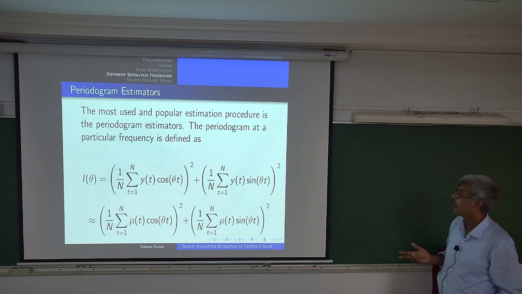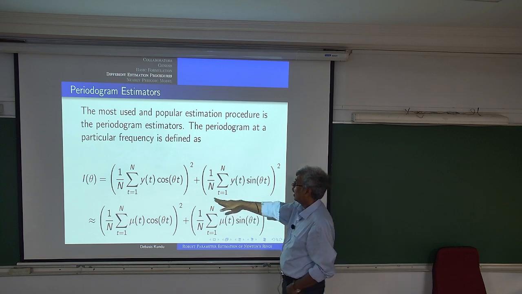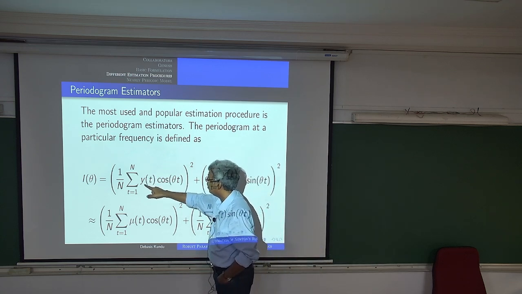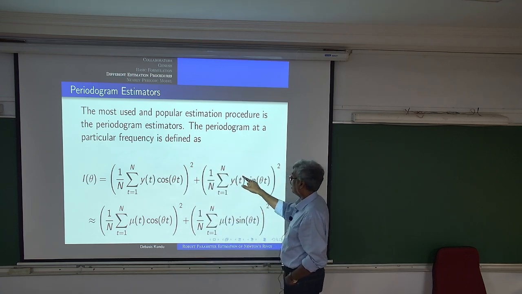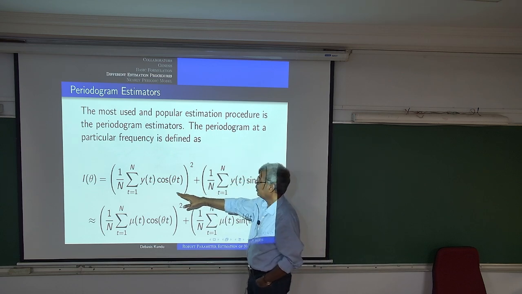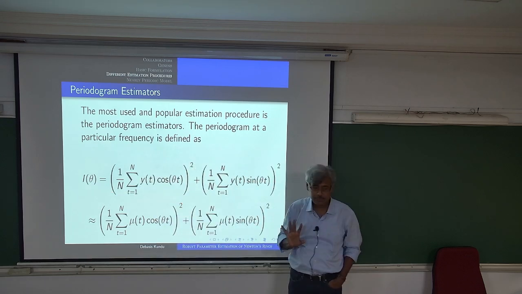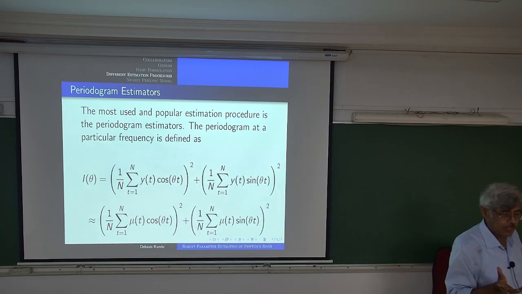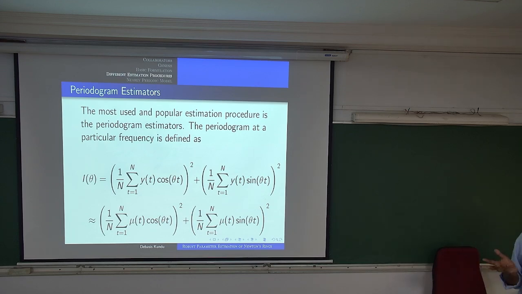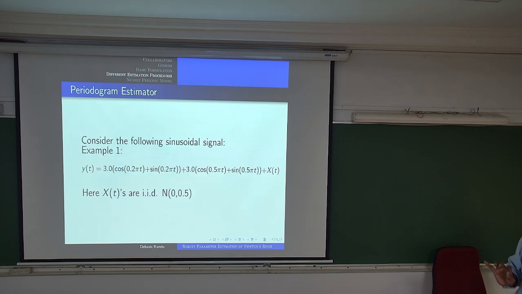This is the one where your yt's are completely known to you. So you are looking at a new function, your I theta, which has these two quantities. So the natural question is, why are you looking at that quantity? What does it reveal?